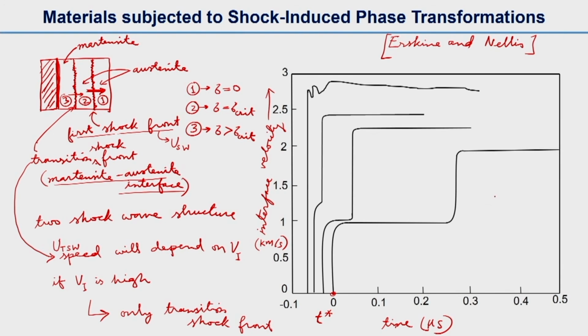I would write impact velocity as V. Suppose for this curve V equals 2.6 kilometer per second, that is a very high velocity, the second one is 3.12 kilometer per second, the third one is 3.47 kilometer per second, and the last one is 3.9 kilometer per second.